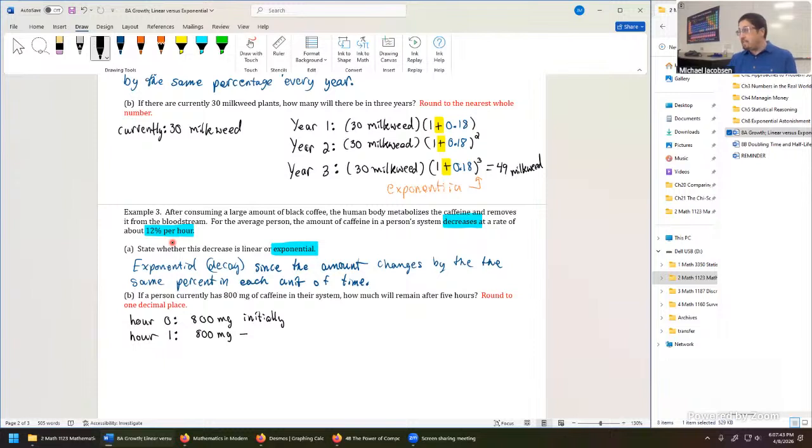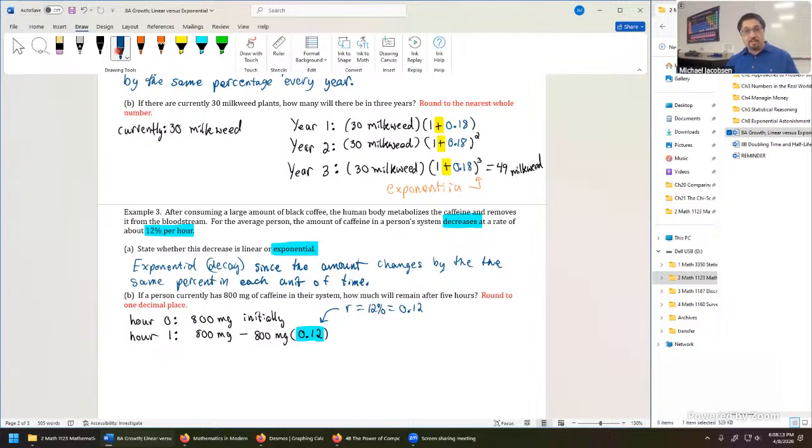By that percentage means take 800 milligrams and multiply it by 12%. Sorry, I got my numbers mixed up there. Multiply it by 0.12, which is the rate as a decimal. R equals 12% is 0.12.